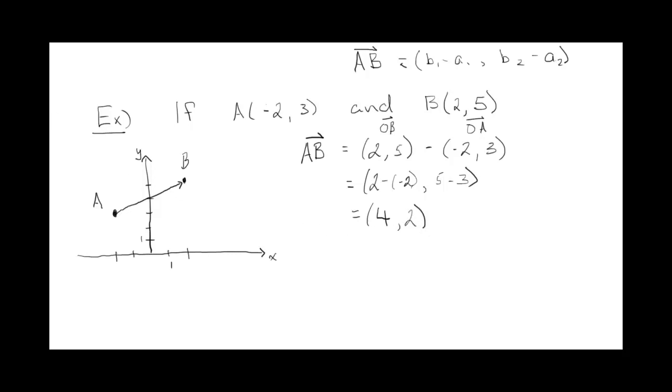So let's see, how is that the vector AB? So if I extend here, 4 is over here, and 2 is there. So when I write the vector 4, 2, what I mean is the vector starting at the origin and ending at the point 4, 2.